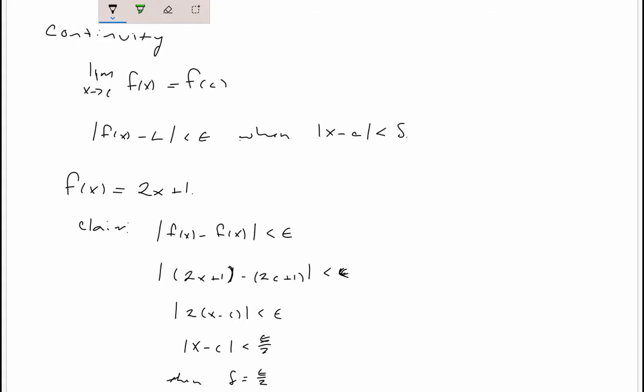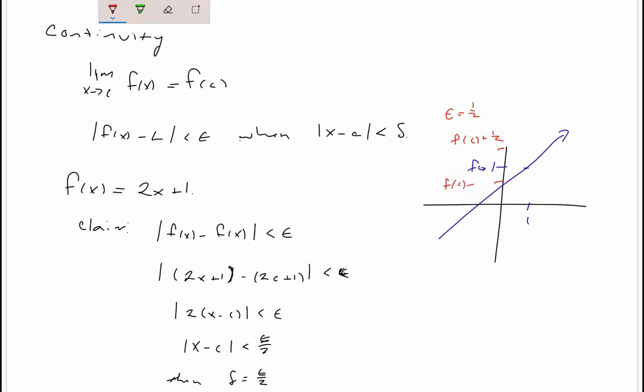Now what this means is that when you look at the graph of this thing, it's going to look like this. Let's say we pick a point c here, and over here is f of c. Whatever epsilon you pick, perhaps you pick epsilon to be a half, this would be f of c plus 1/2, and down here somewhere would be f of c minus a half.